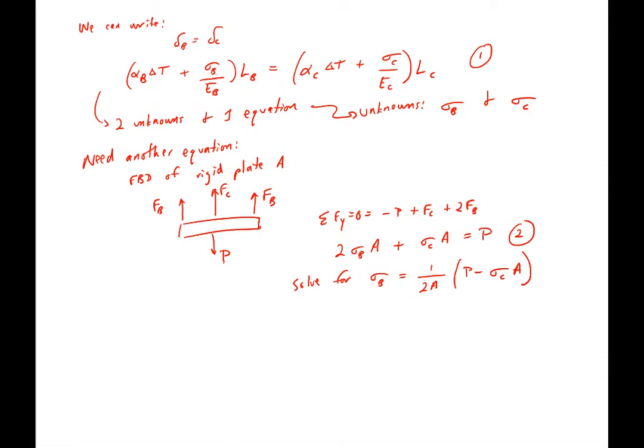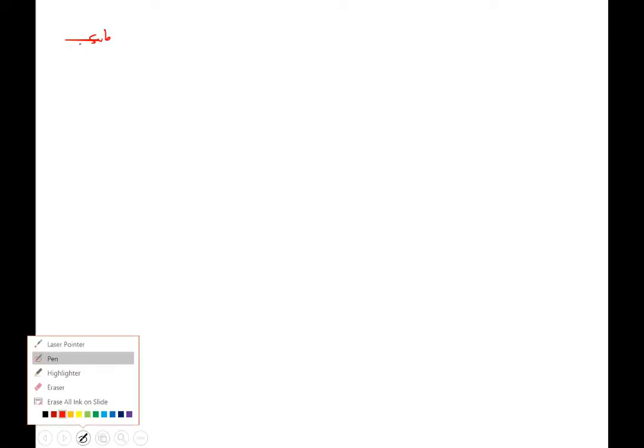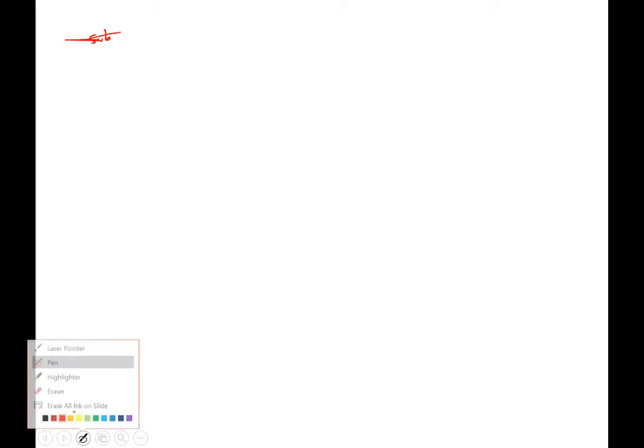And we can substitute that expression for sigma B back into equation 1. Let's go to a new page here. Sorry about the mess. We could substitute that back into equation 1.